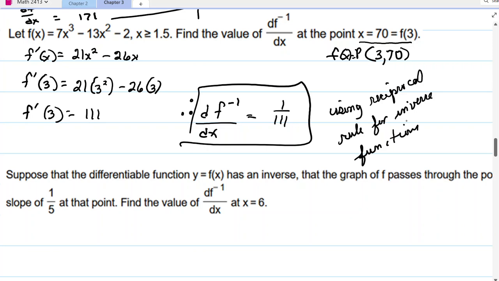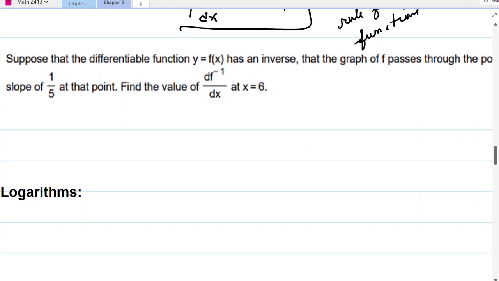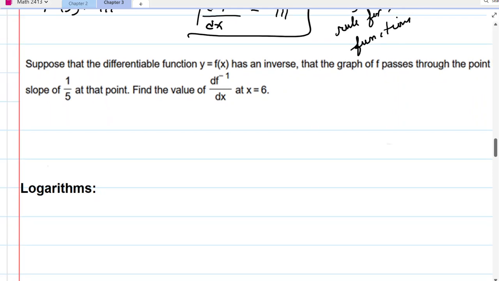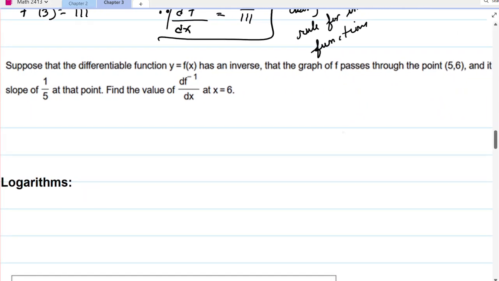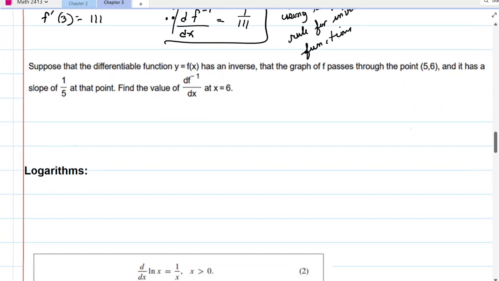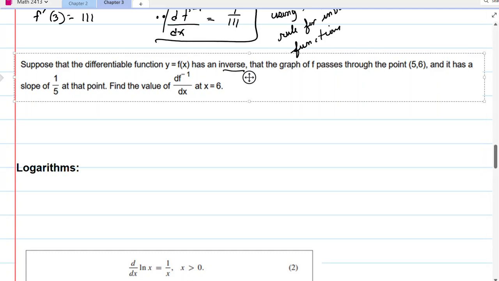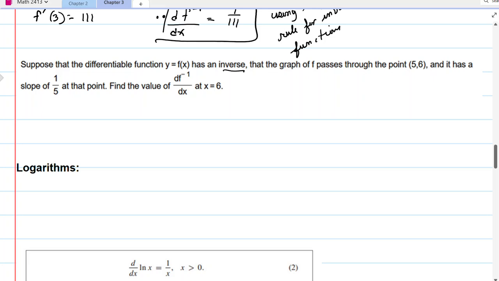Right. Well, here's another aspect that I thought was really cool, and just a little thought, not anything major. Suppose that a differentiable function y equals f of x has an inverse. And that means that we have that dividing line, the dash line y equals x, in between those inverses.